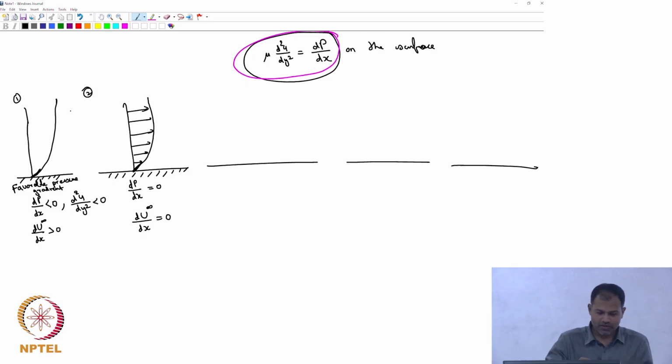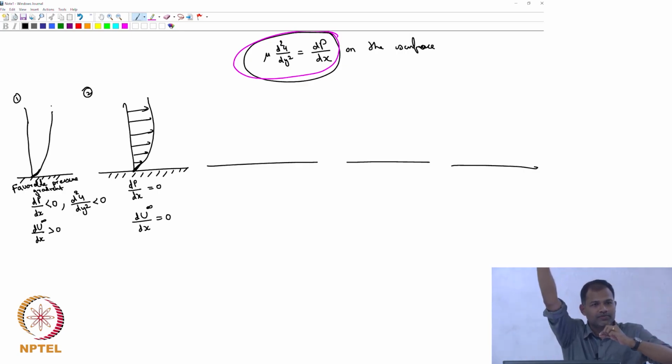Okay. So this distance up to which I have drawn is really inside the boundary layer. It's not even going to connect outside. I can't say anything more because I am really looking at the wall, at the governing equation at the wall, and making some deductions.